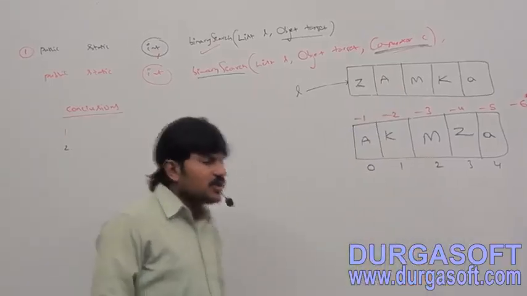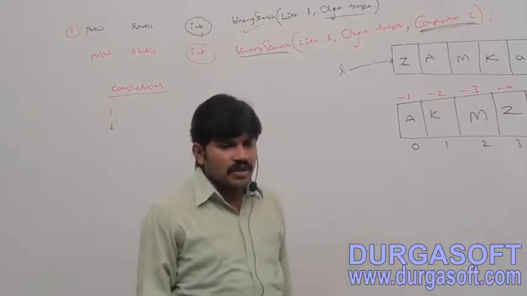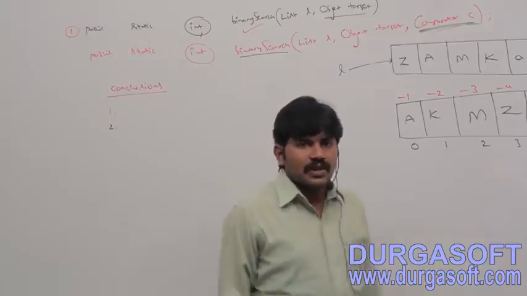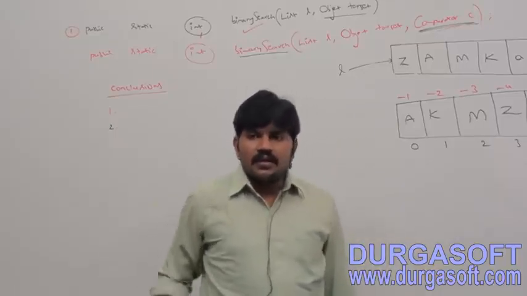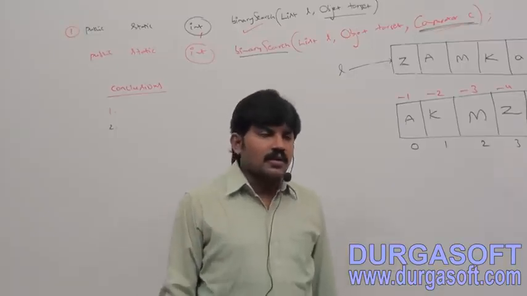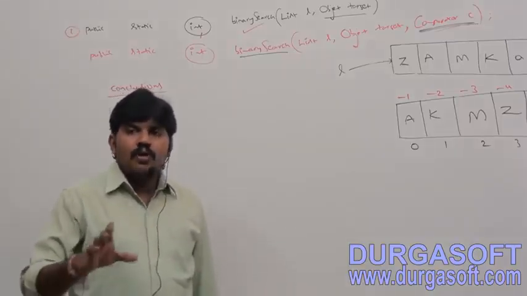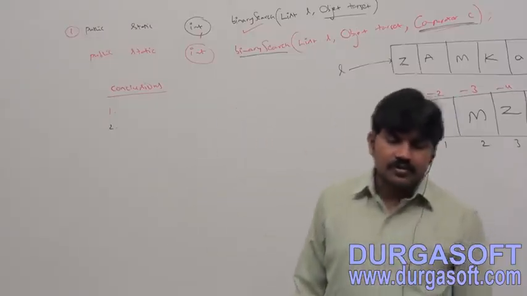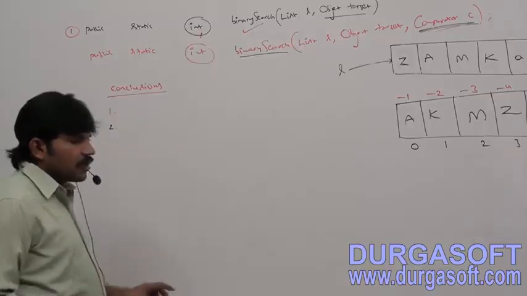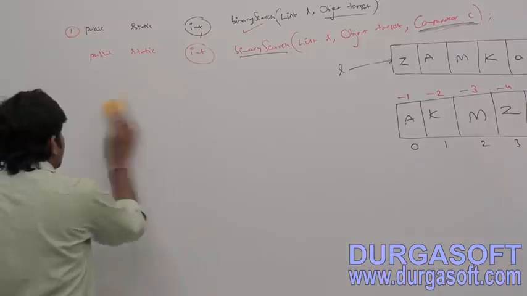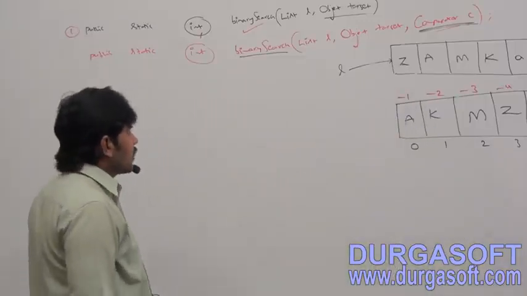Clear, right? Okay, add: if the list is sorted according to a comparator, then at the time of search operation also we have to pass the same comparator object, otherwise we will get unpredictable results.